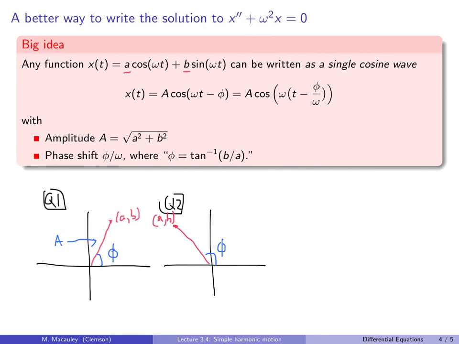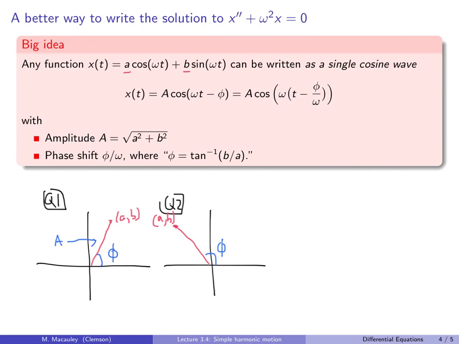It's bigger than 90 degrees. So if you pull out your calculator and you type in the inverse tangent of b over a, it's going to give you an angle between negative pi over 2 and positive pi over 2.